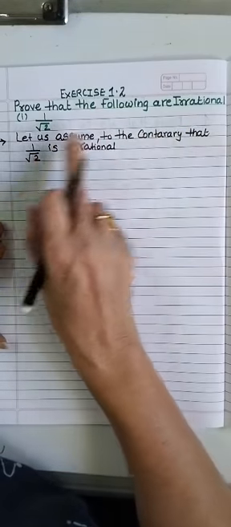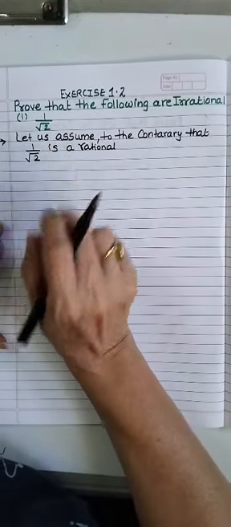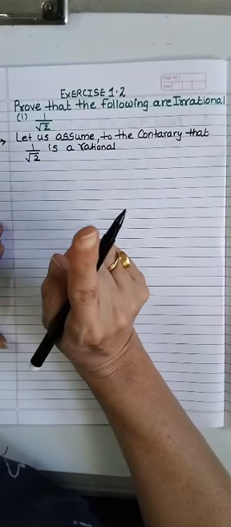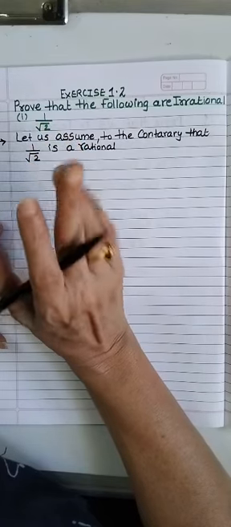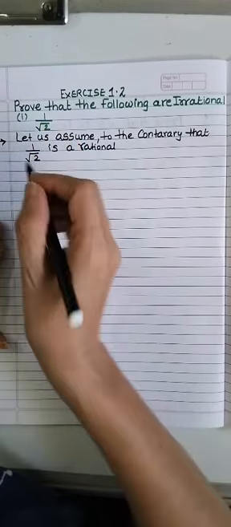As we have assumed 1 upon root 2 as a rational number, we can write it in the form of p upon q, where q is not equal to 0 and p and q are integers.